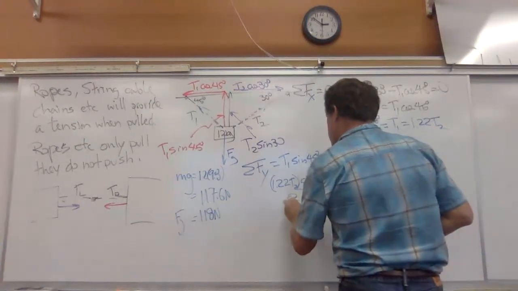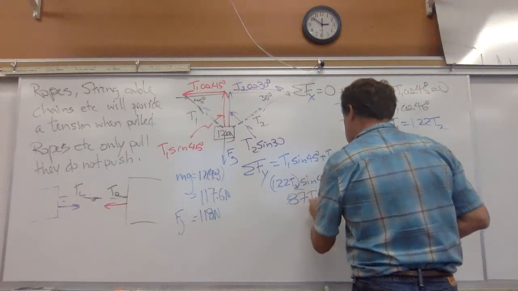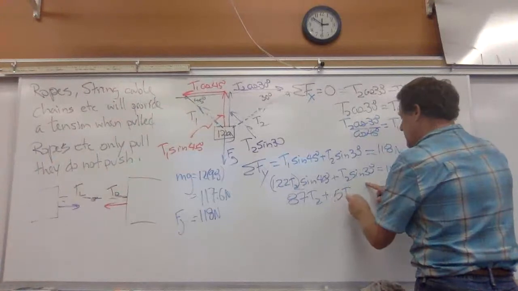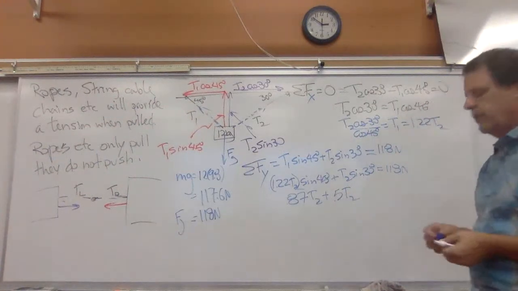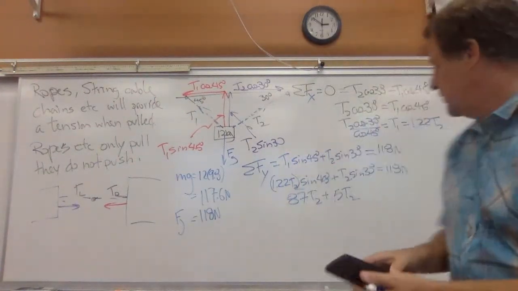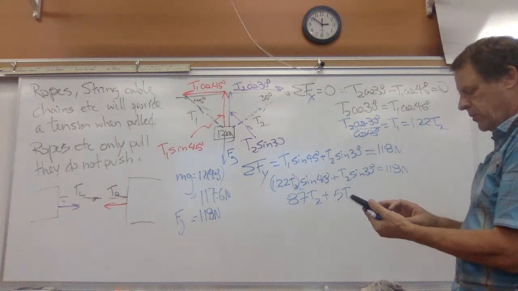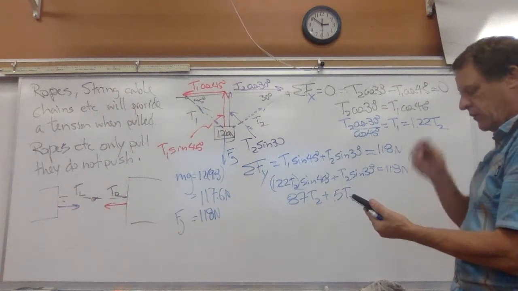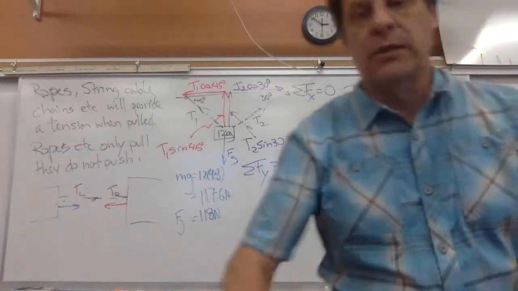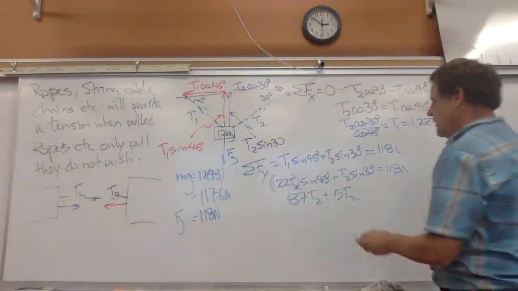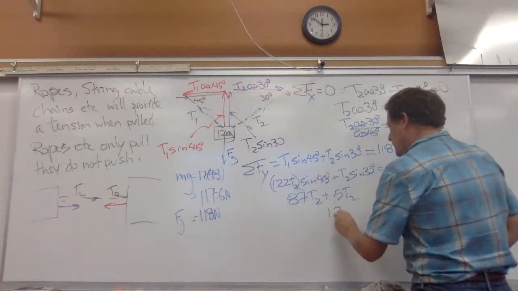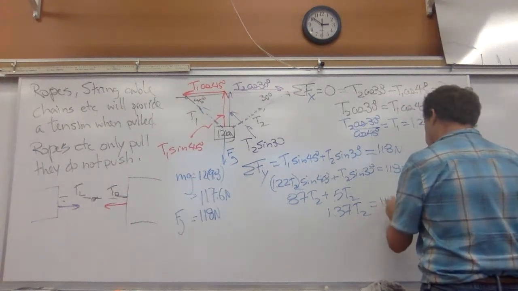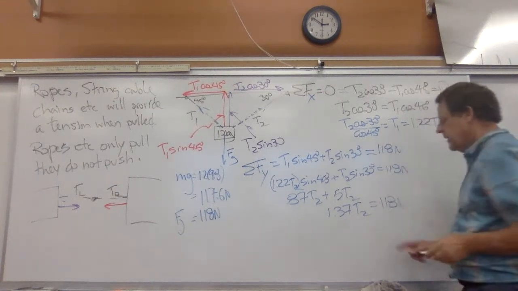So we're going to have 0.87 T2 plus 0.5 T2, because the sine of 30 is 0.5. When we add those two together, 0.866 plus 0.5 gives us 1.37. So we're going to have 1.37 T2 is equal to 118 newtons.